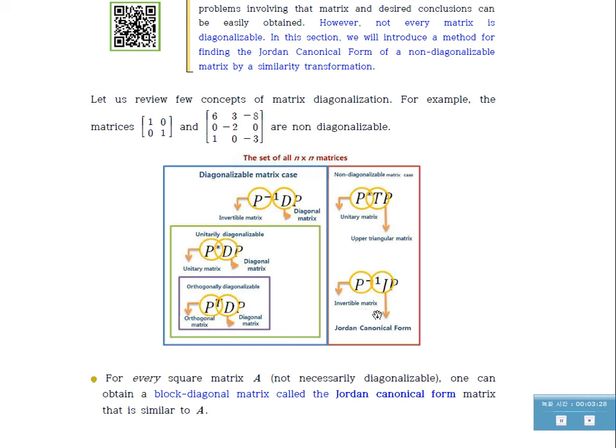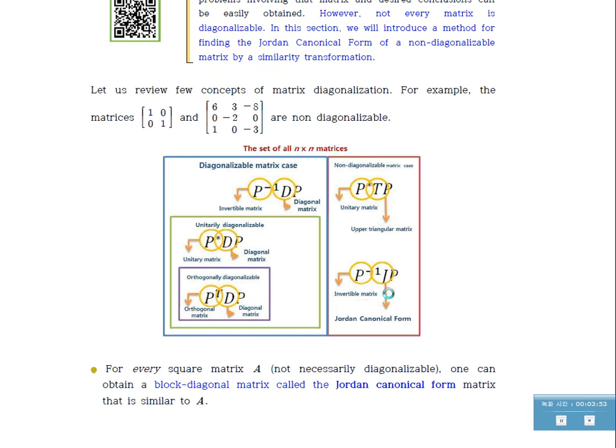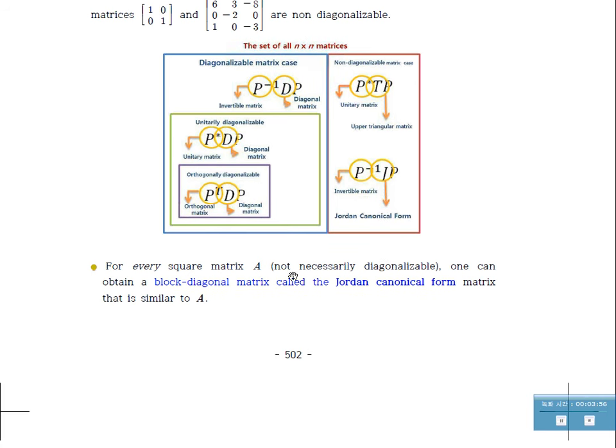We are looking for the invertible matrix P that makes A equal to P inverse JP, where this J has a special form of an upper triangular matrix whose super diagonal entries are only 1 and 0, and all other entries except the main diagonal are 0. This is a very special, easy form. So for every square matrix A, not necessarily diagonalizable, one can obtain a block diagonal matrix called the Jordan canonical form matrix, which is similar to the given matrix A.